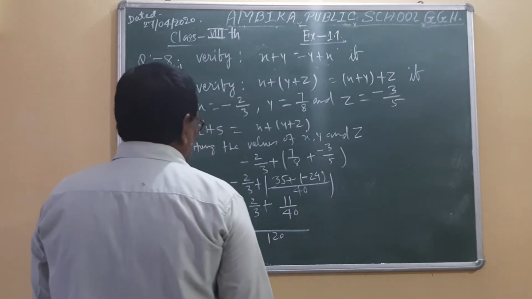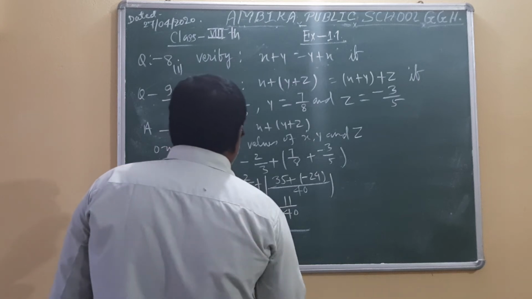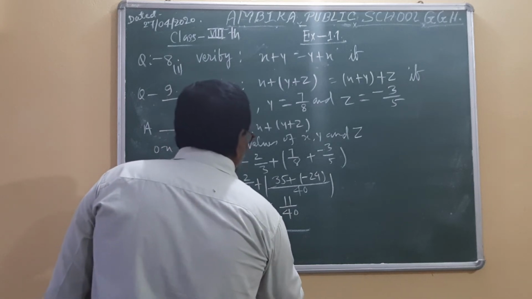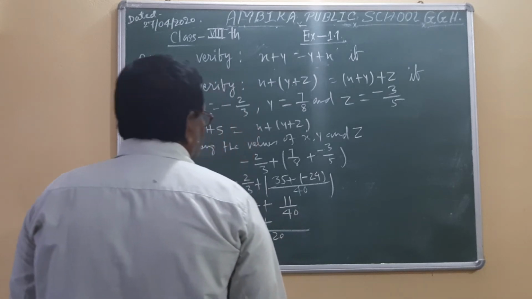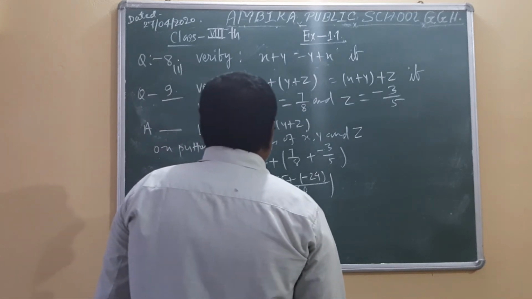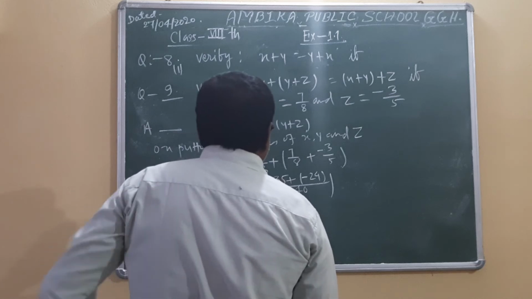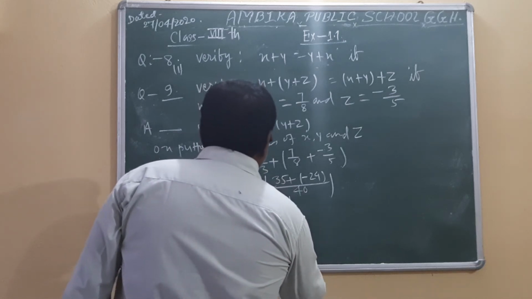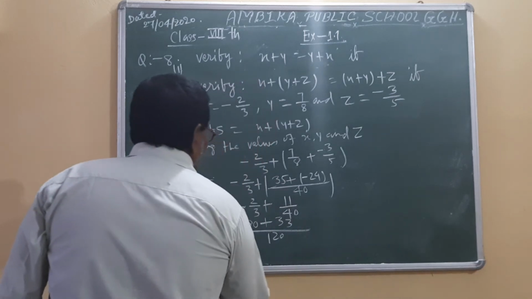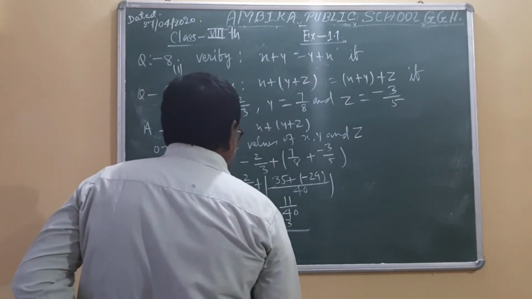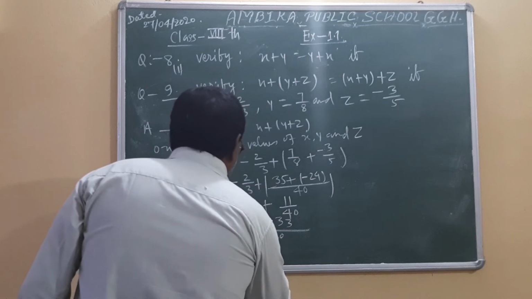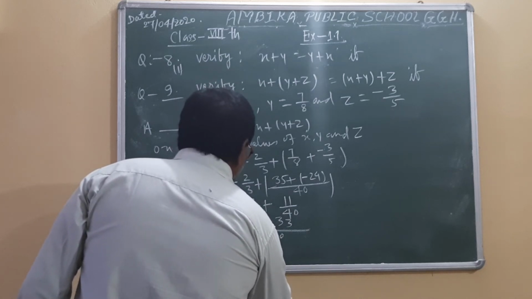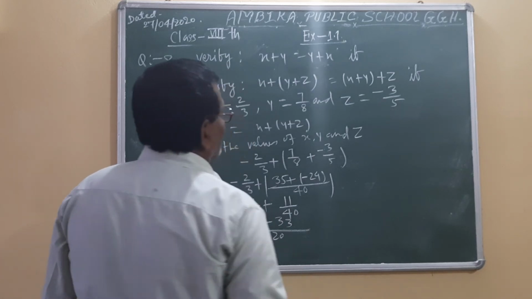So multiply 40 by minus 2, we get minus 80. And divide 120 by 40, we get 3 as quotient. So multiply 11 by 3, we get 33. Adding minus 80 and 33, we get minus 47 by 120. This is LHS.